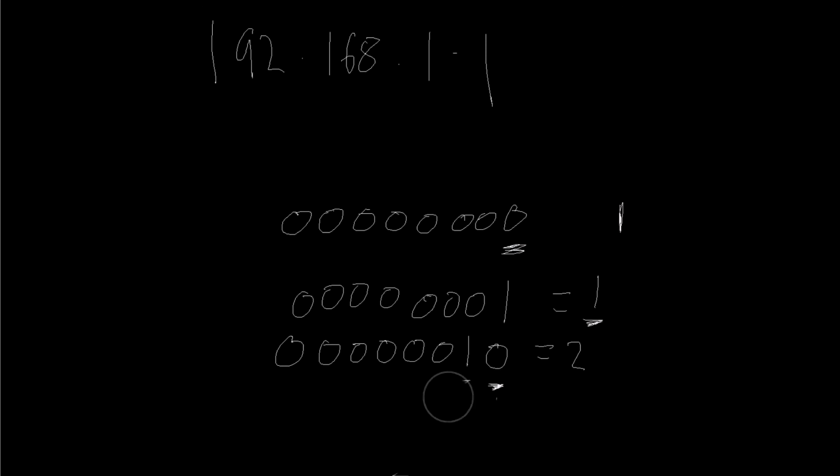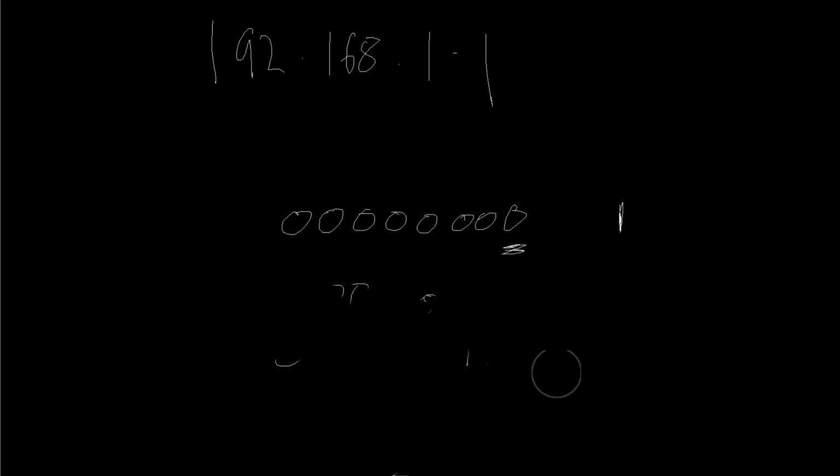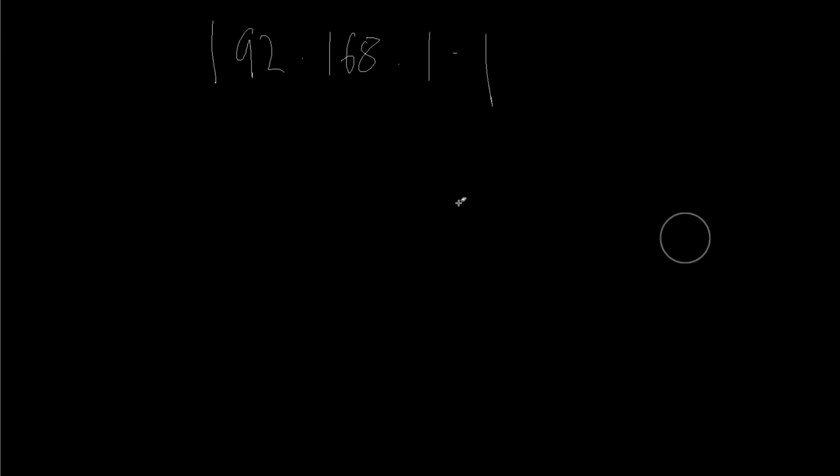So if you were going up to, say, 3, that would be 0, 0, 0, 0, 0, 0, 1, 1, because this is 1 and that's 2. So if you add them together, you get 3.